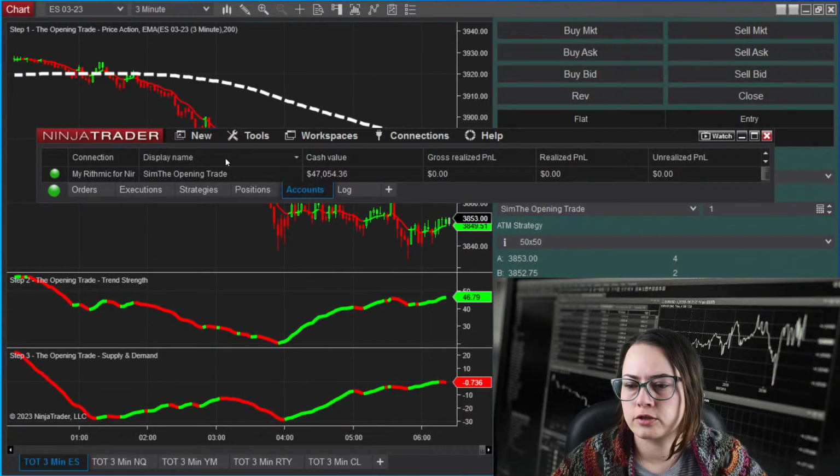Simulated the opening trade. Here's the current cash value. The last two columns will change after any manual or automated trades take place.